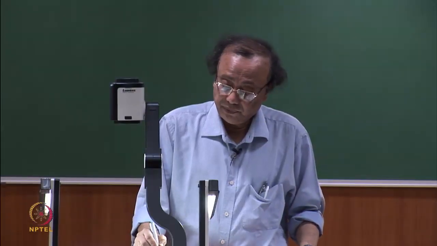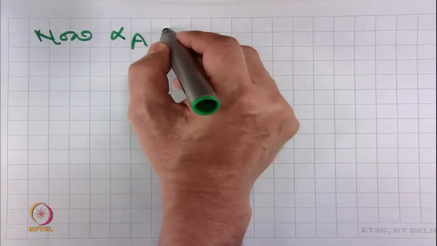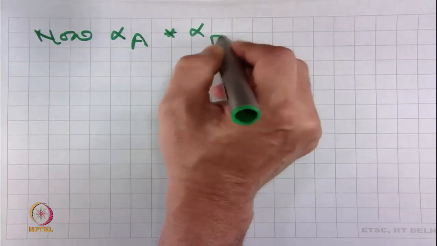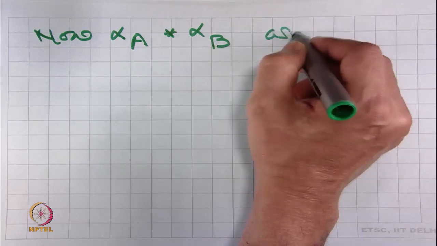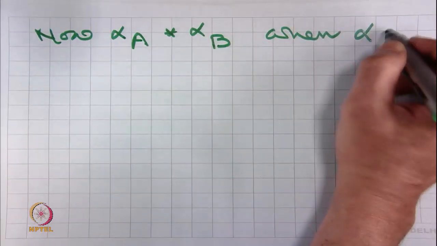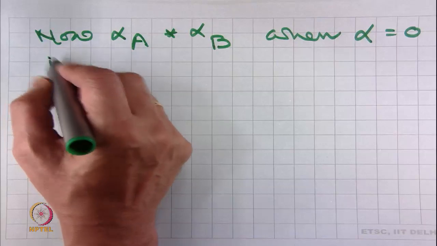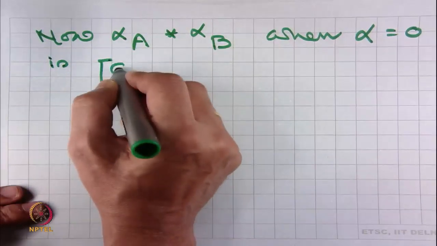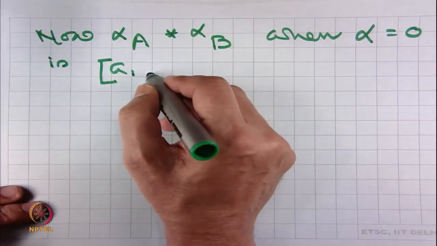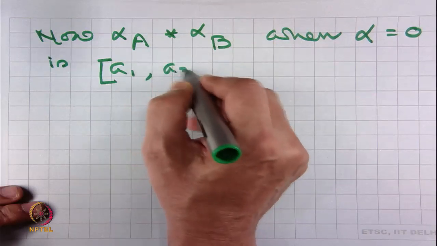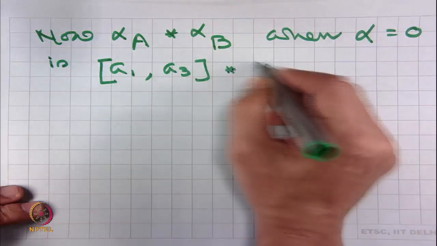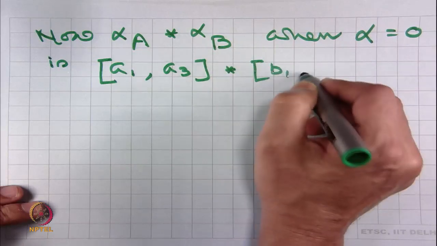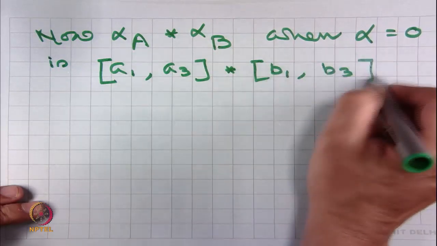Now, alpha cut of A star alpha cut of B when alpha is equal to 0 is A1 comma A3 multiplied by B1 comma B3.